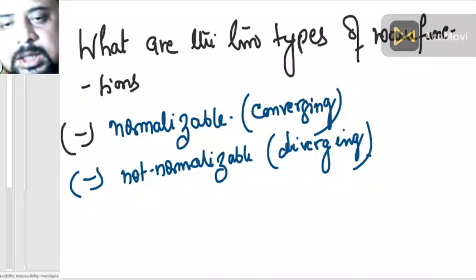So you can ask: if the wave function is not normalizable, it is diverging, how can it be accepted? It has to be accepted. You have accepted it as a solution in the free particle case. That too was not normalizable, and we learned that the free particle solution is not physically realized.